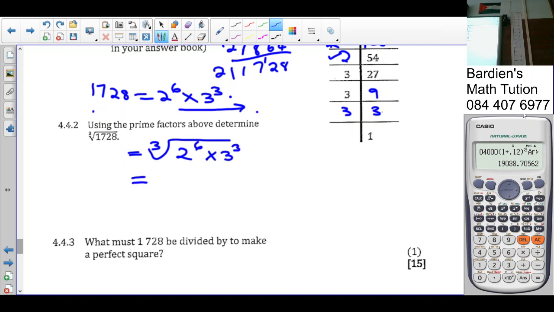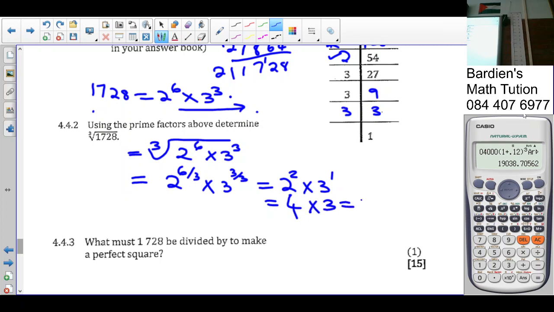Which is what? 2 to the 6 divided by 3 times 3 over 3, which is 2 to the 2, times 3 to the 1. And what is 2 squared? 4. And what's 4 times 3? 12. So the cube root of 1728 is 12.